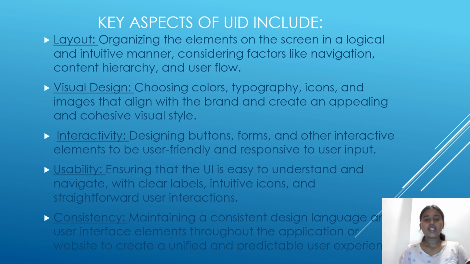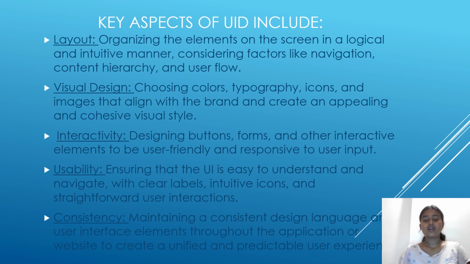What is layout? Organizing the elements on the screen in a logical and intuitive manner, considering factors like navigation, content hierarchy, and user flow. So what is visual design? Visual design means choosing colors, typography, icons and images that align with a brand and create an appealing, cohesive visual style. Interactivity: designing buttons, forms and other interactive elements to be user friendly and responsive to user input.